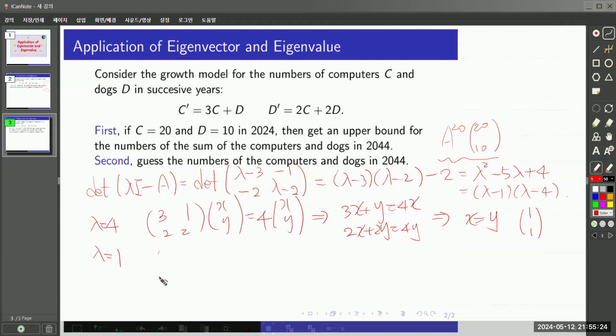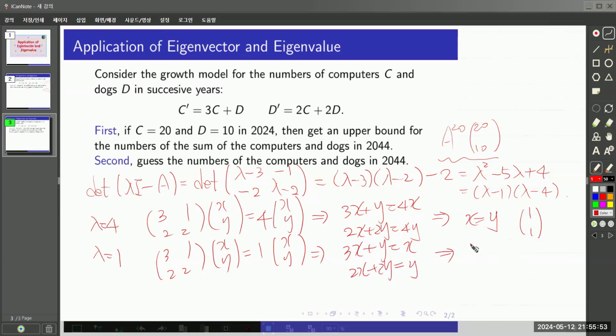Similarly, you can determine the eigenvector of the eigenvalue 1. Here, you will have 3x plus y equals x, and 2x plus 2y equals y. So you will get y equal to negative 2x. So you can take the eigenvector (1, negative 2).